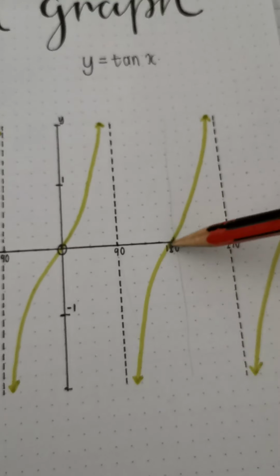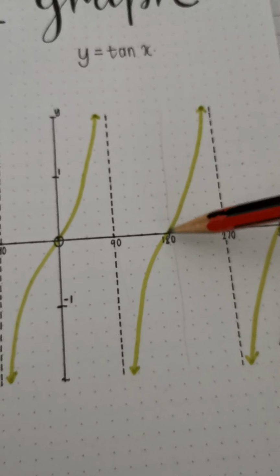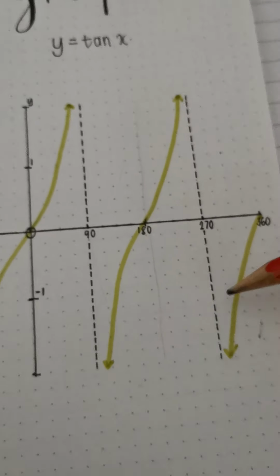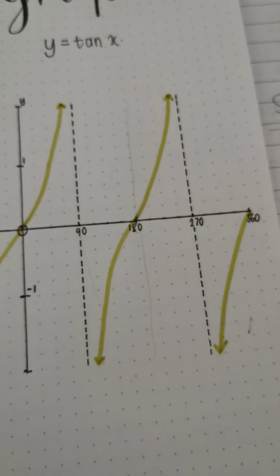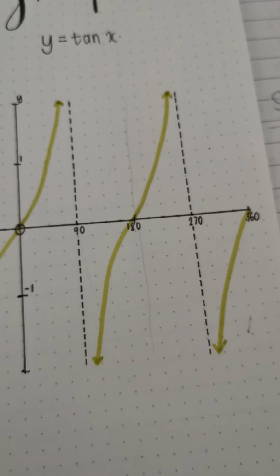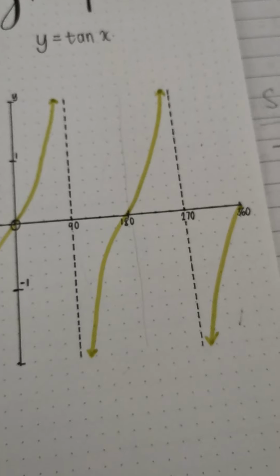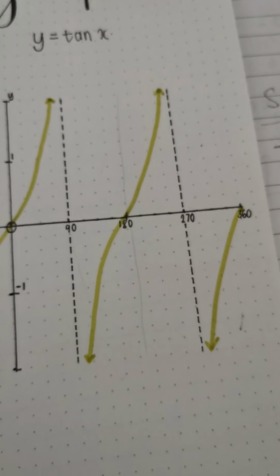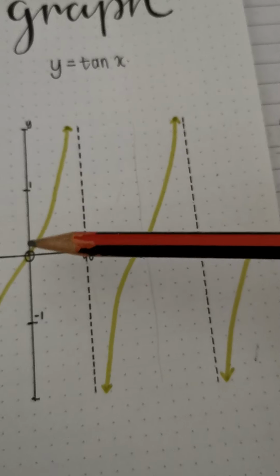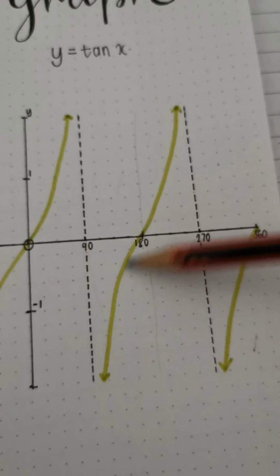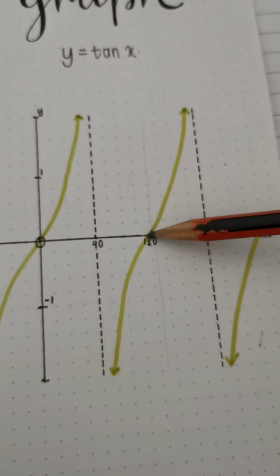Second quadrant, it's negative. Third quadrant, it's positive, and fourth quadrant, it's negative. Also, remember when I did general solution with you guys, or if you look back to the previous videos, I told you that for tan, when we're finding general solution, we only have to consider the first quadrant and the second quadrant for positive and negative, right?